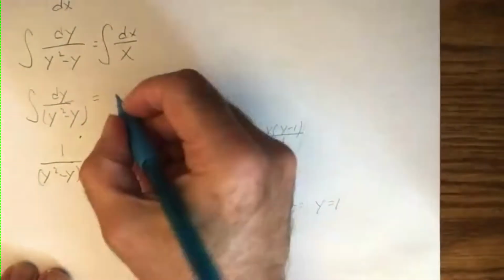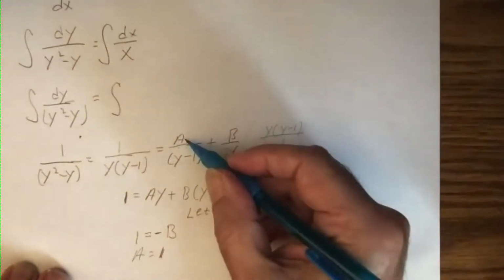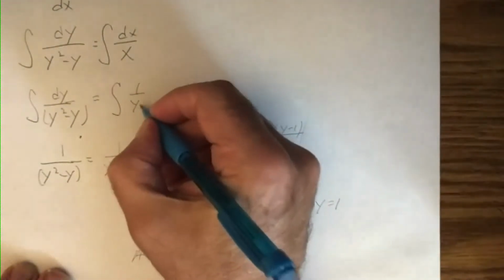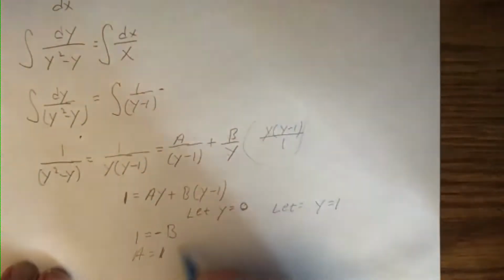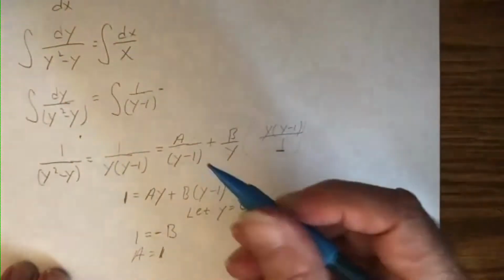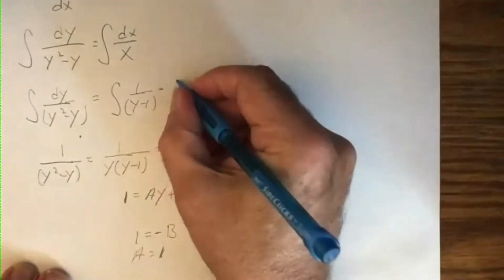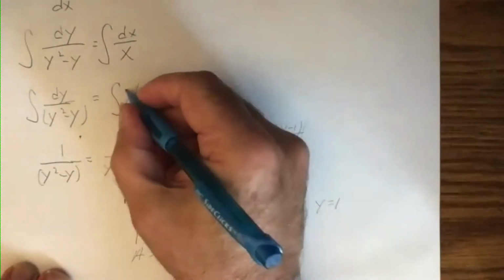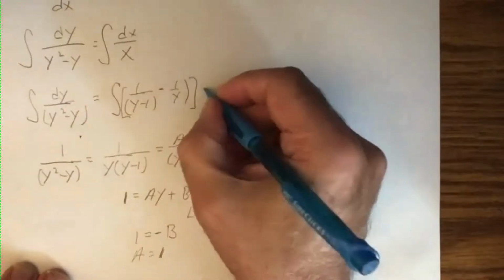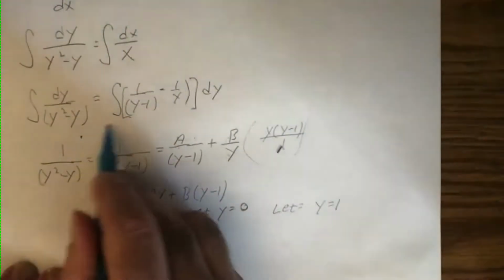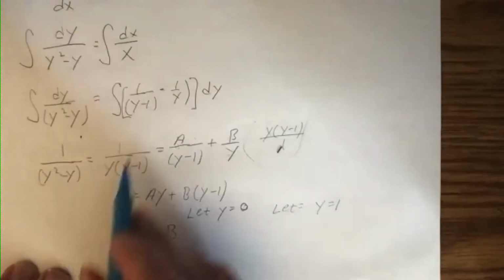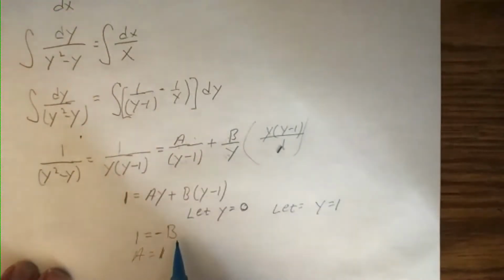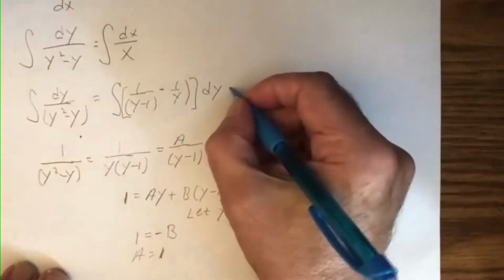This integral now is going to be equal to the integral of a, which is 1 over y minus 1, and then minus, b was minus 1, so it's minus 1 over y, dy. So I broke this up into partial fractions, and we got the A and the B, and this is what we have now.